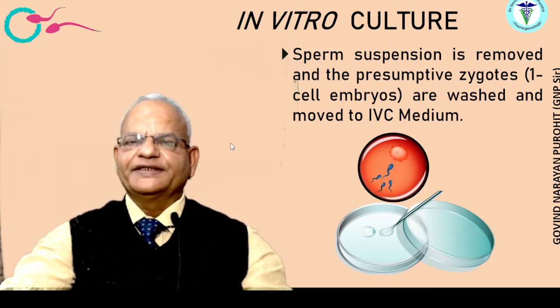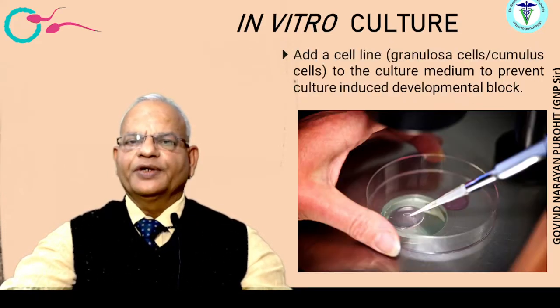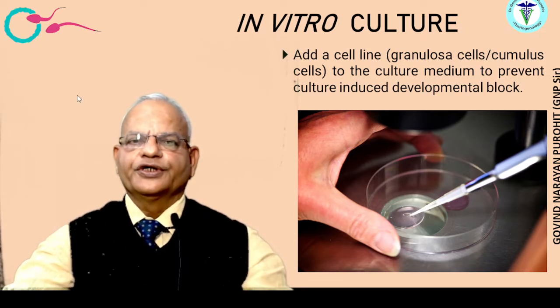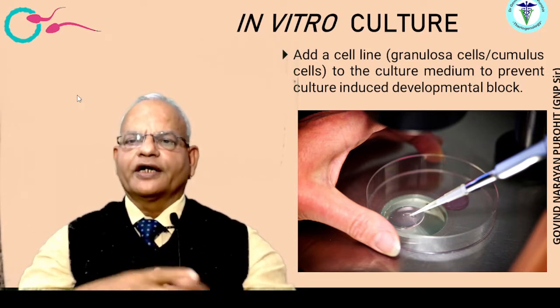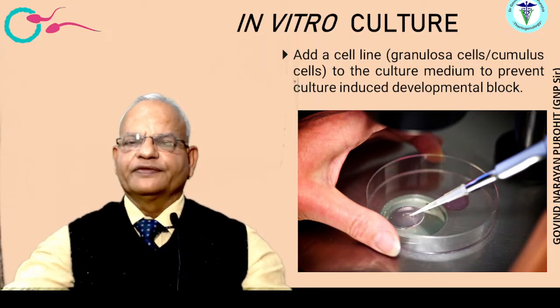Now, when you are placing the oocytes for culture for a period of 7 days, then usually we have to add a cell line, because there is a culture induced developmental block at the 2 to 4 cell division of the oocytes.